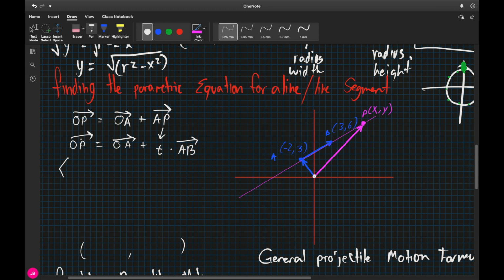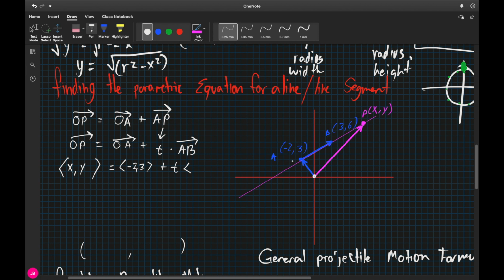We have vector OP, which we don't know, so we're going to leave that as (x, y). But we know that OA, O to A, is (-2, 3). And we have to add this to some scale of this vector right here.